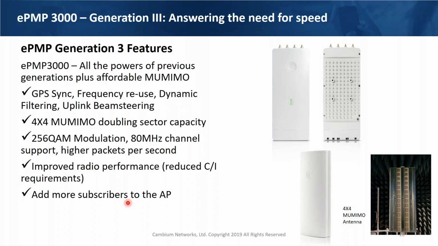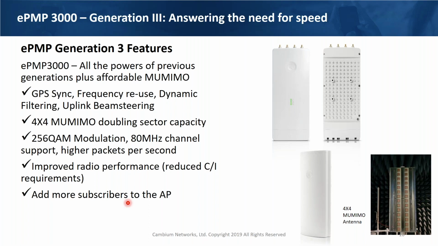With those types of bandwidth assignments, you must reuse your frequency. Without GPS synchronization, you cannot do that because there will be so much interference within your access points or sectors. And also, to solve external interference, which is interference from co-located neighbors on your towers, we also have our uplink beam steering done by the device we call the smart antenna.